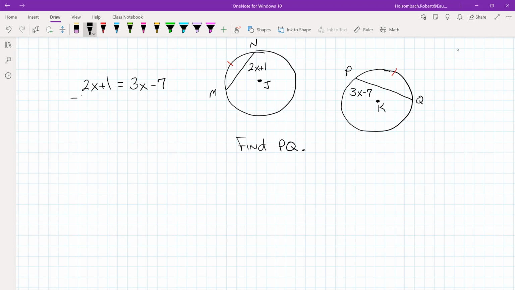So I'm going to subtract 2x from each side here. So 1 equals x minus 7. Then add 7 to each side. And 8 is equal to x.